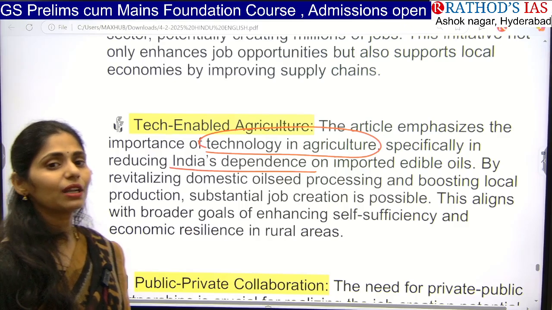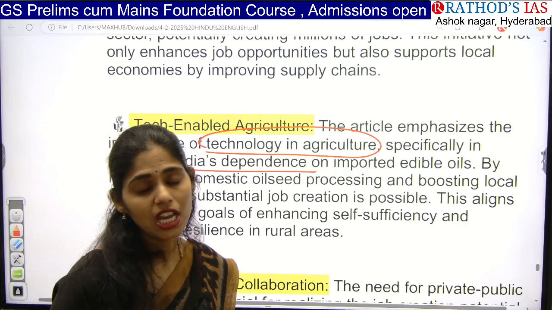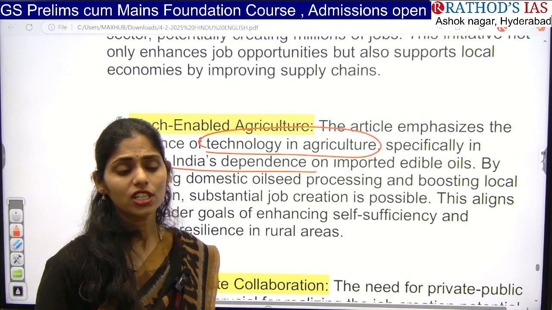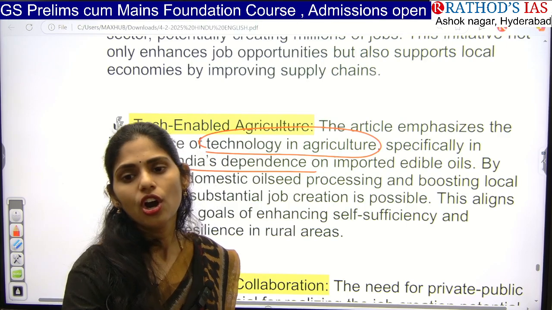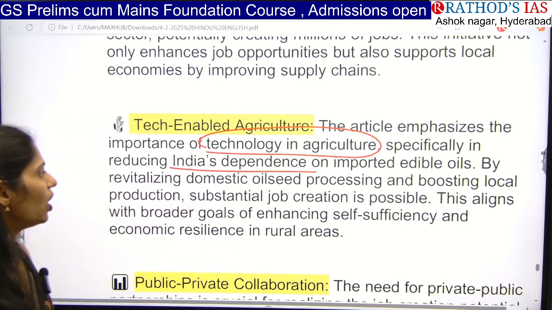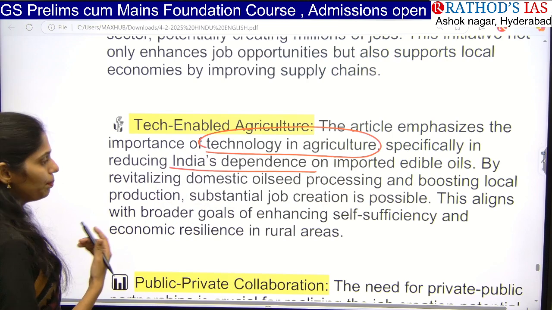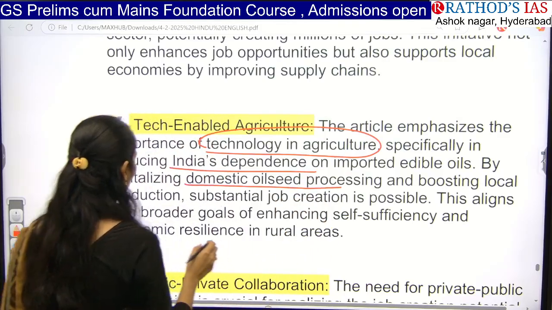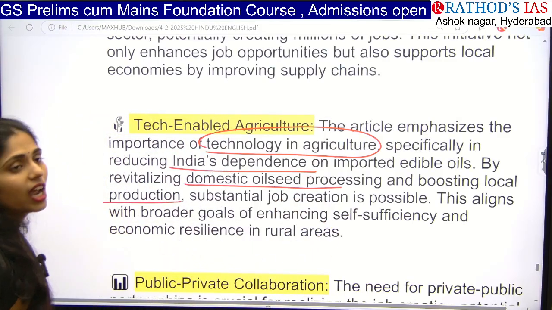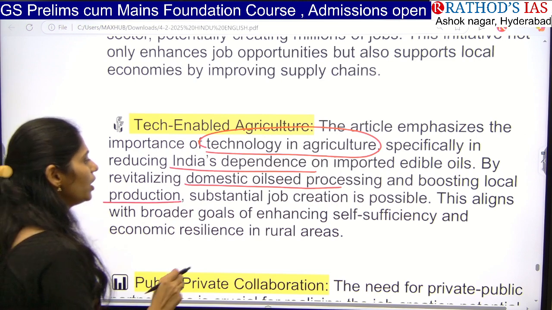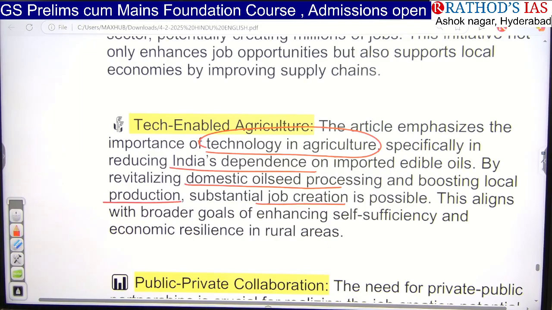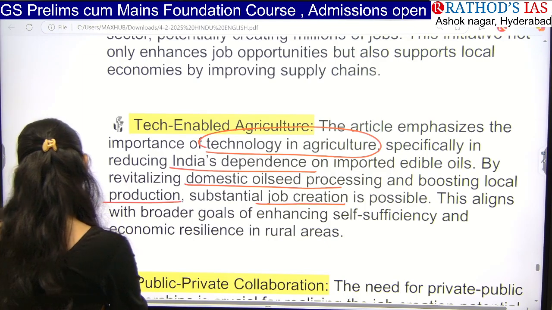For example, we get palm oil from Indonesia and Malaysia, and even sunflower oil from Ukraine and Russia. If we improve technology and produce in our own country, obviously we can reduce our dependency on edible oil imports. We can also revitalize domestic oil processing and boost local production, and obviously we can create local jobs and employment so that we can enhance self-sufficiency as well as economic resilience in rural areas.